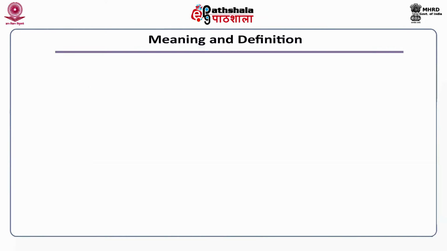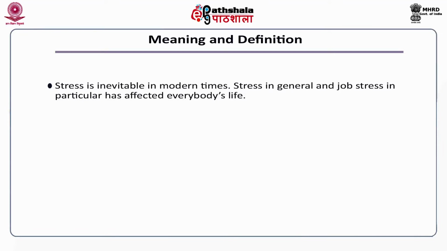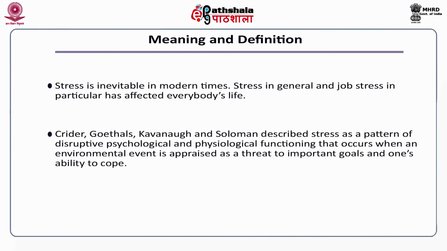Stress. Meaning and definition. Stress is inevitable in modern times. Stress in general and job stress in particular has affected everybody's life. Kreider, Goethals, Kavanaugh, and Solomon described stress as a pattern of disruptive psychological and physiological functioning that occurs when an environmental event is appraised as a threat to important goals and one's ability to cope.